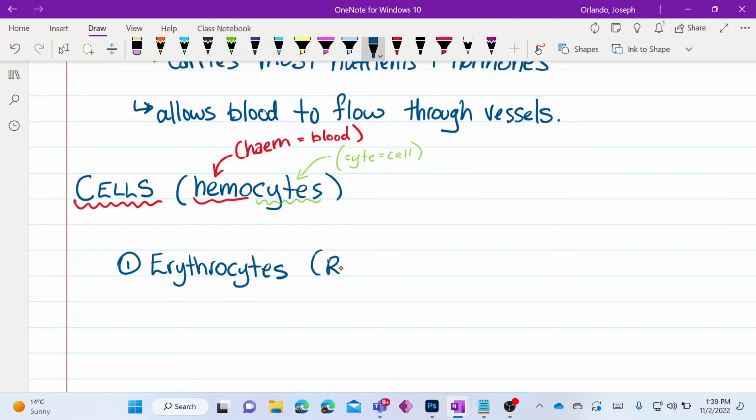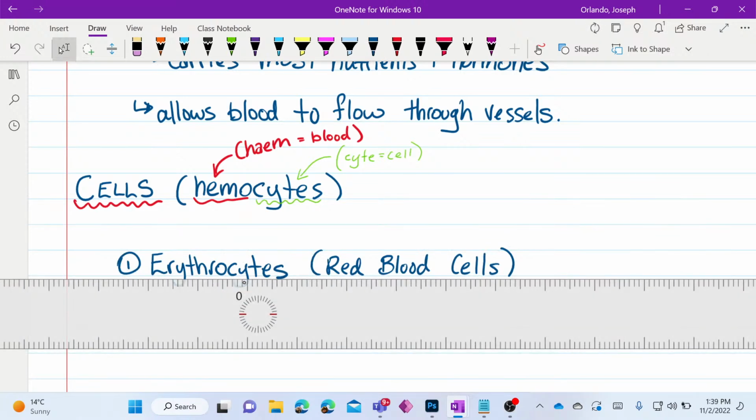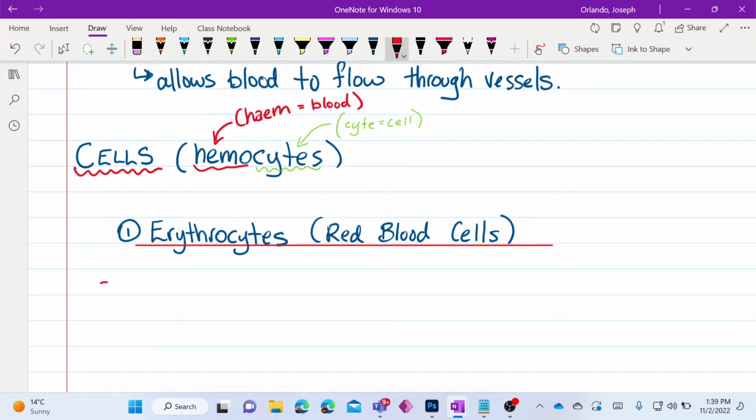Also commonly called red blood cells. So erythrocytes, red blood cells, are by far the most common blood cell. It's not even any comparison to any other type of cell.